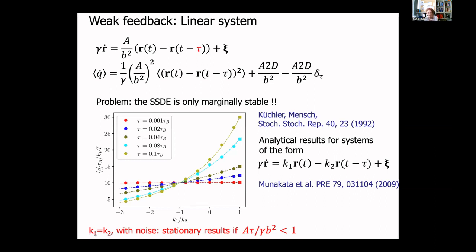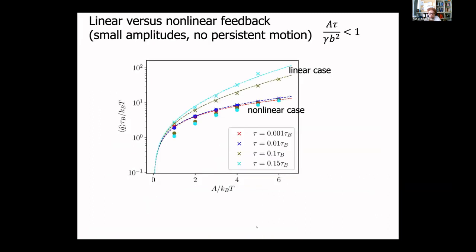It turns out, fortunately, that we do get a stable result, even with noise, if our feedback parameters are below this threshold of persistent motion. And this is why we get results there anyway. So this explains why we do get stable results in this regime.